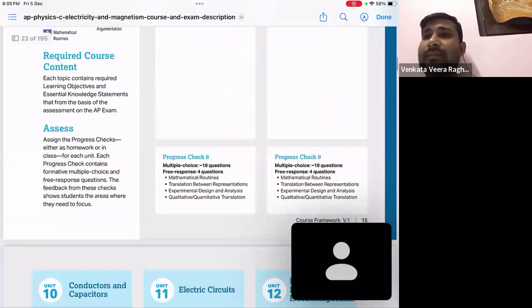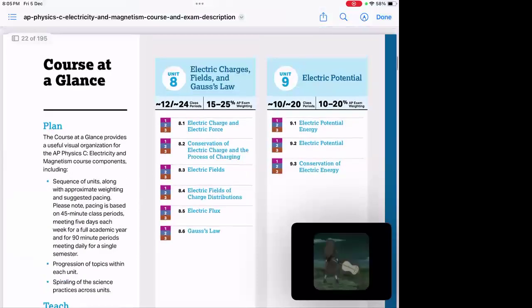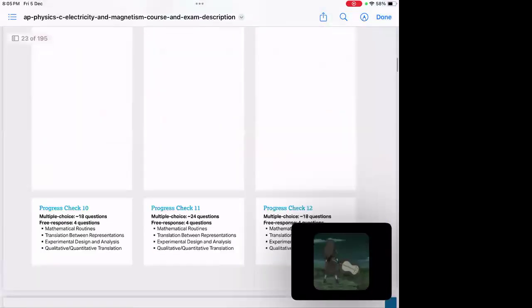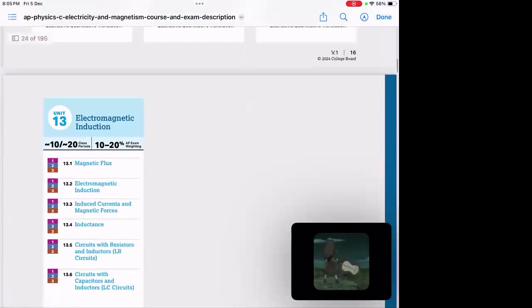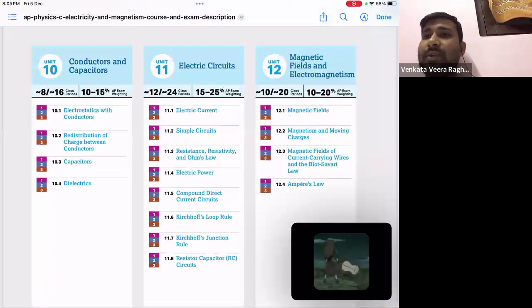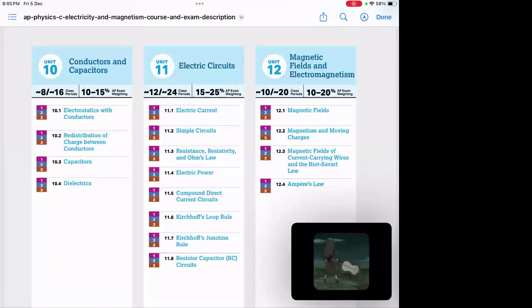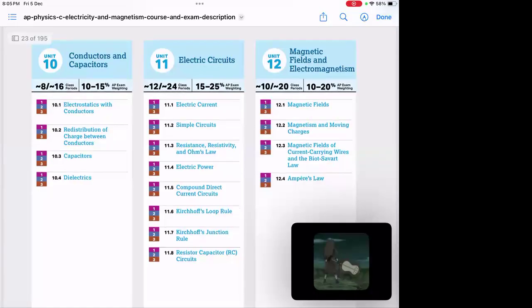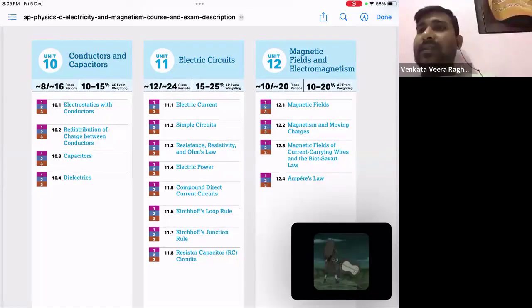Like magnetism, what do we have? Like earth magnetism, what do we have? No, earth magnetism is not given. Check it. I'm asking if there is earth magnetism. Only Ampere's law as per that. The magnetic field, it's only the current carrying wire magnetic field that is given.